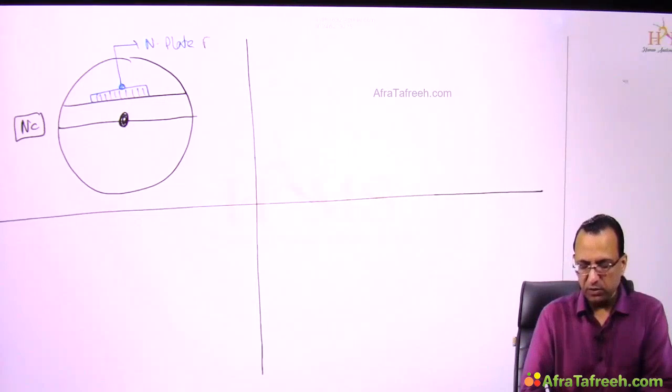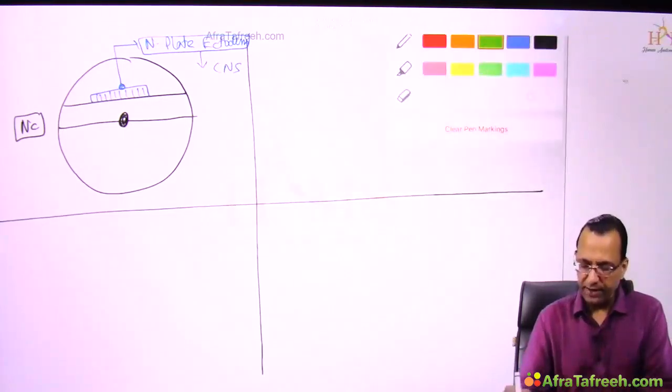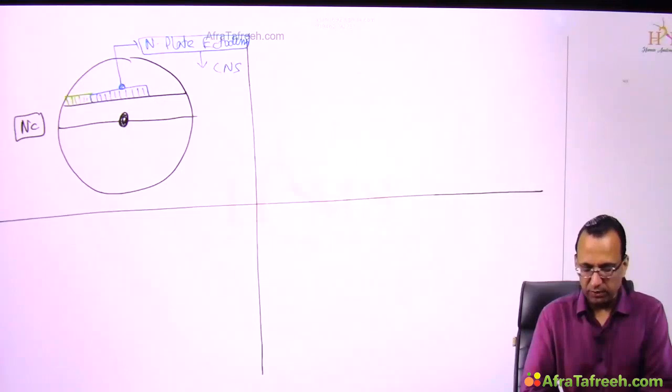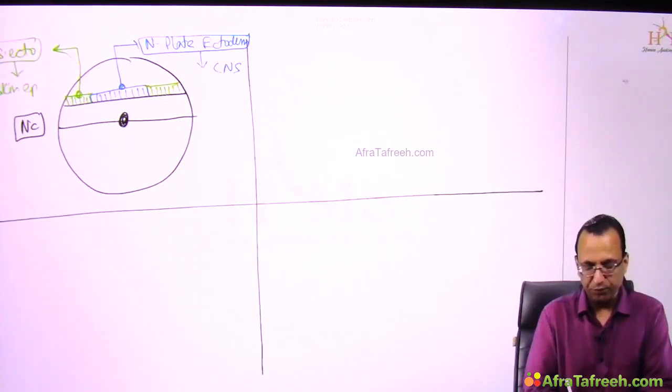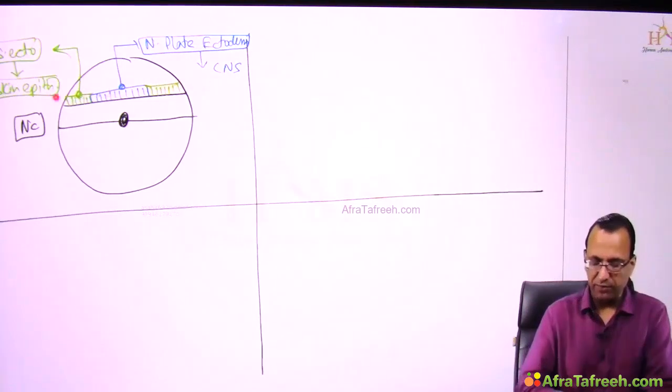Now, if that is the neural plate ectoderm, then it is the one which is going to form central nervous system. In the periphery, we have some surface ectoderm. And what is that surface ectoderm doing? That surface ectoderm is going to form the skin epithelium. So in the periphery, maybe right side or left side, you have some surface ectoderm, and that will be forming the skin epithelium, skin epidermis.